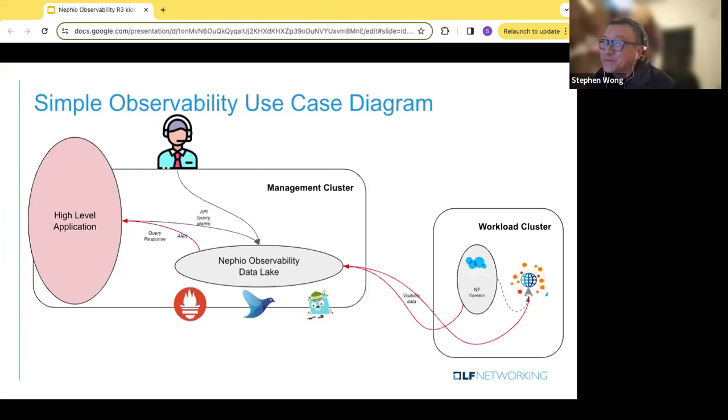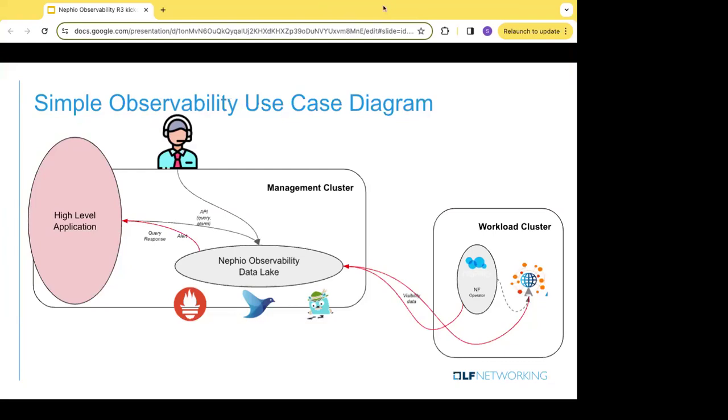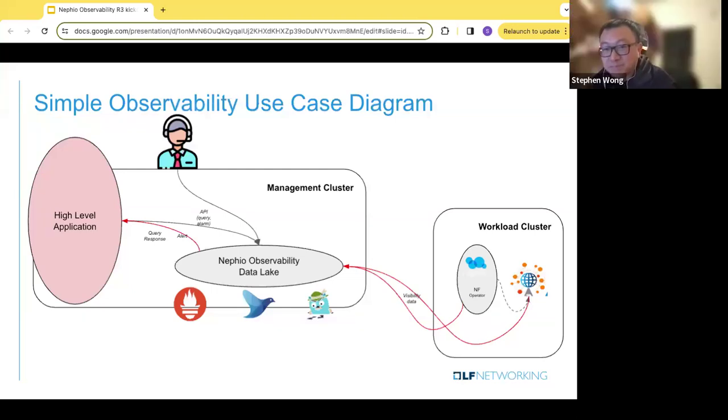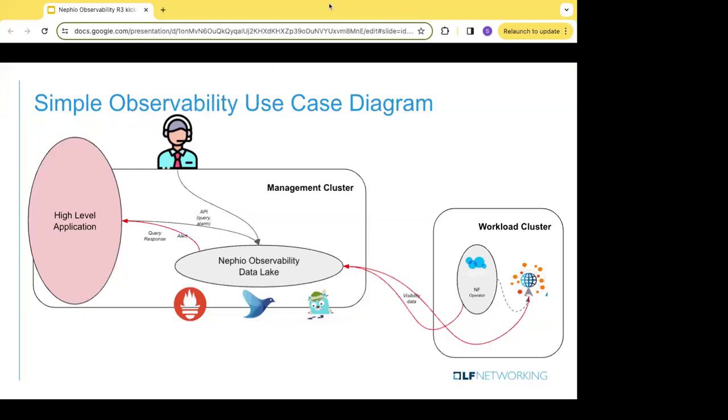Cool. So what does it mean when we want to get to that level? I would like to comment on pushing all the data to the management cluster, because I personally believe we need, at least in the broad scope, some data collection, and some mechanism to decide which metrics, logs or traces will be pushed to the management and which will be utilized locally, for example, by the operator or other components.